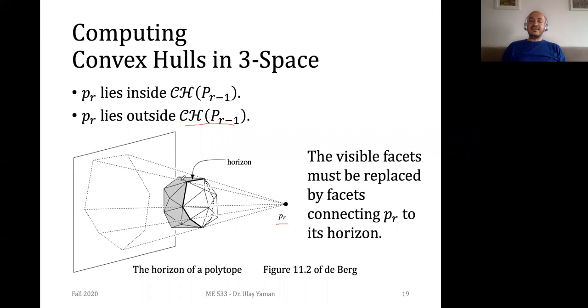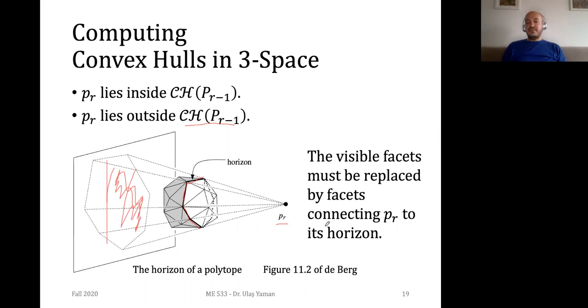You can assume that this 3D convex shape is a planet, and the sun is shining on it, and obviously we have a horizon. This red part is our horizon, and the gray regions are not exposed to the sun.